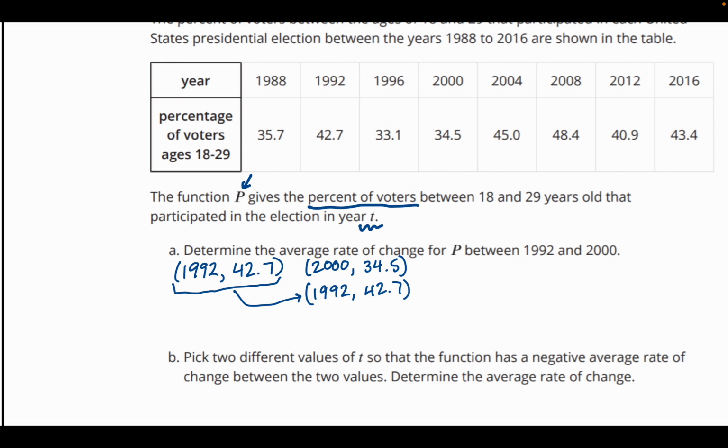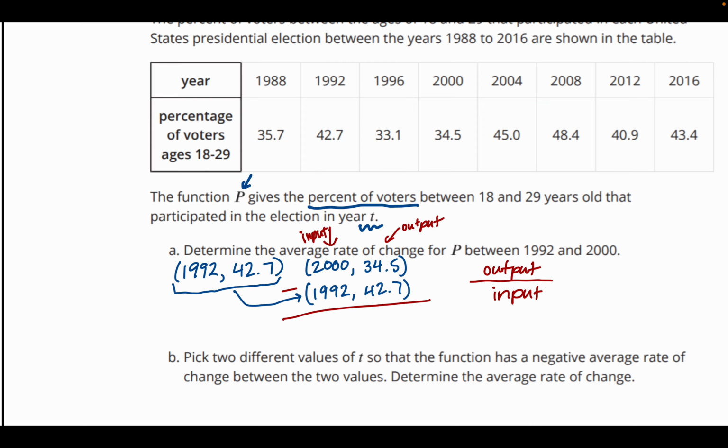And what I'm going to do here is make this entire thing a subtraction problem. And I'm going to remember that here for my first one is my inputs and my outputs on the second one. Because our average rate of change is going to be those things subtracted, and then we're going to have to do output over our input.